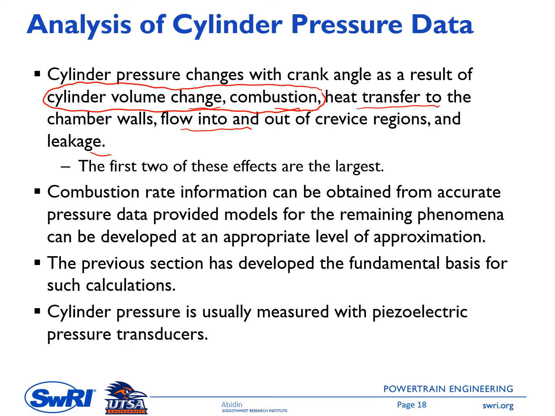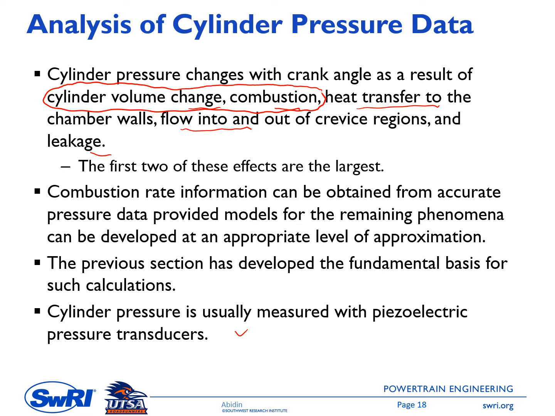The cylinder pressure can be measured easily using a pressure transducer, for example a piezoelectric pressure transducer. On the other side, combustion, which is a chemical process that converts chemical energy into thermal energy, cannot be measured directly.